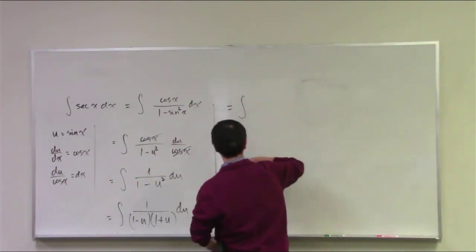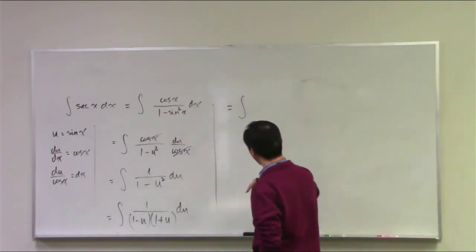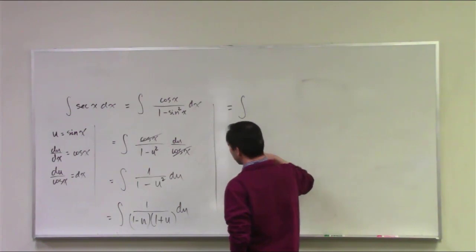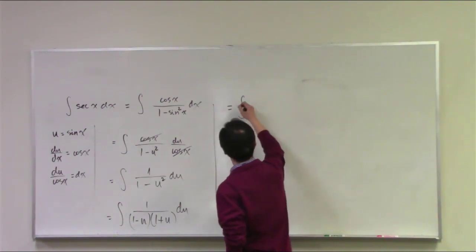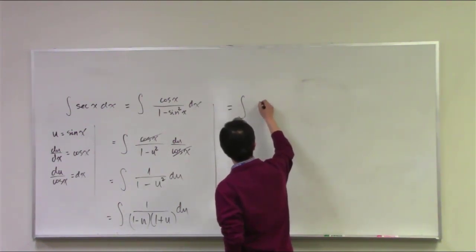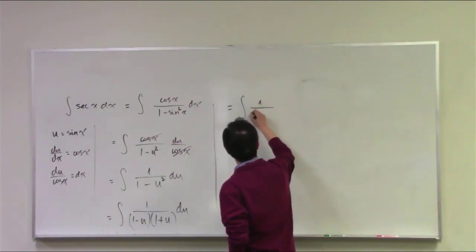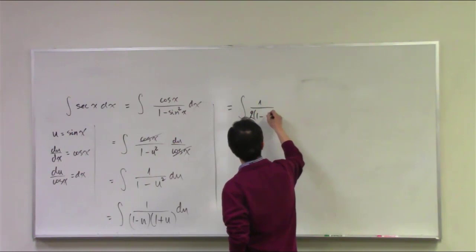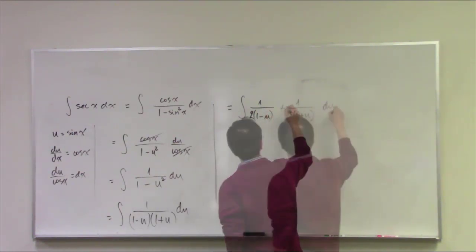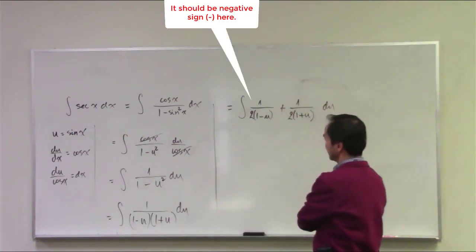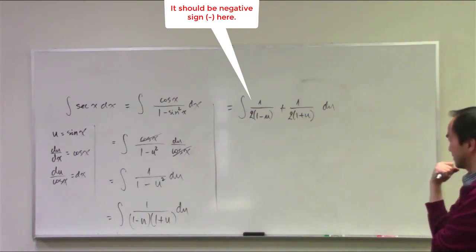The partial fraction is the formal process here, but we can purposely rewrite this as 1/2 times something.